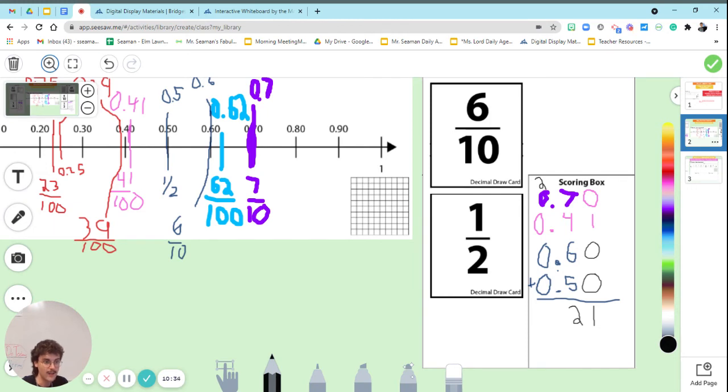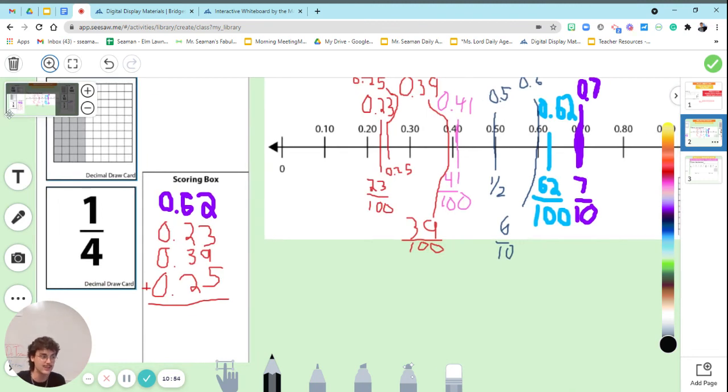Then when I add all 0, 0, 0, 0, 2 is what I'm left with. And then all I have to do is bring my decimal point down. So my answer for the teacher score is 2 and 21 hundredths.